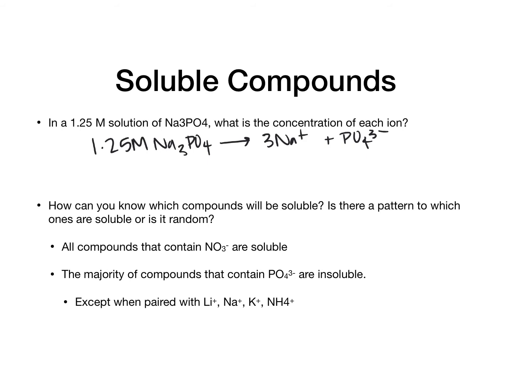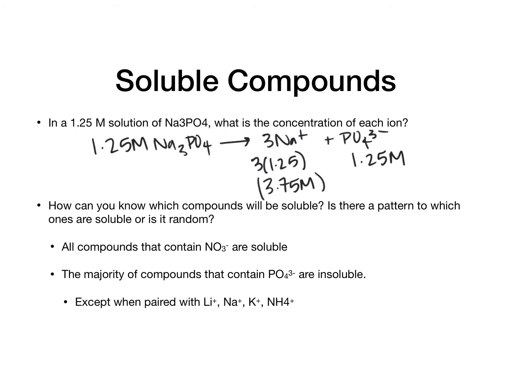For every 1 mole of sodium phosphate, we have 3 moles of sodium and 1 mole of phosphate, which means that for the phosphate ion, it is 1.25 molar because the concentration is the exact same. In this case, the volume is the same. However, for every phosphate ion, there are 3 sodium, which means that this is 3 times 1.25, which gives us a total of 3.75 molar. So we can calculate this for any ion of any concentration. Basically, we need to take into account the stoichiometric ratio of the different components in the compound.